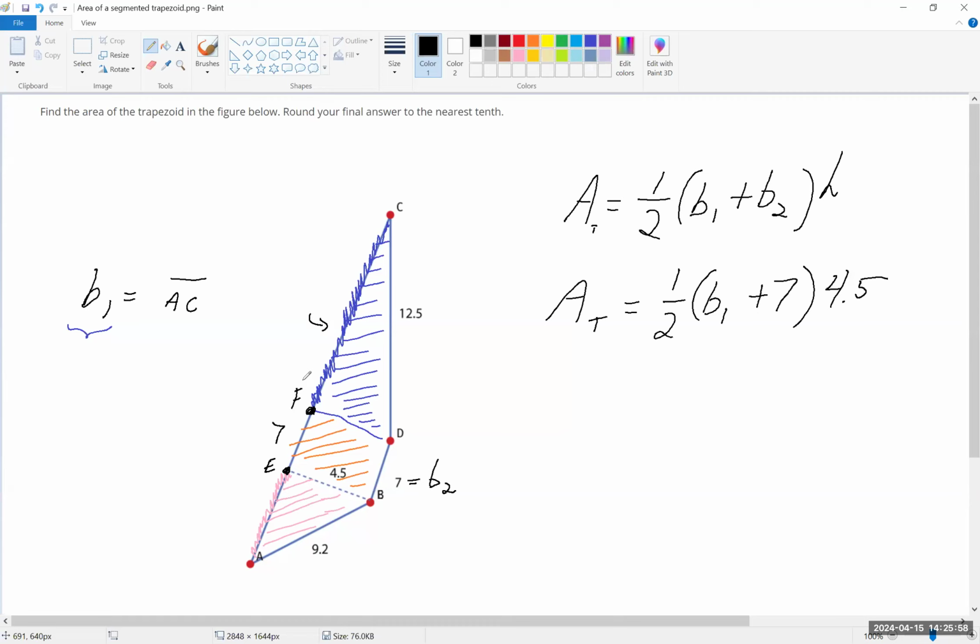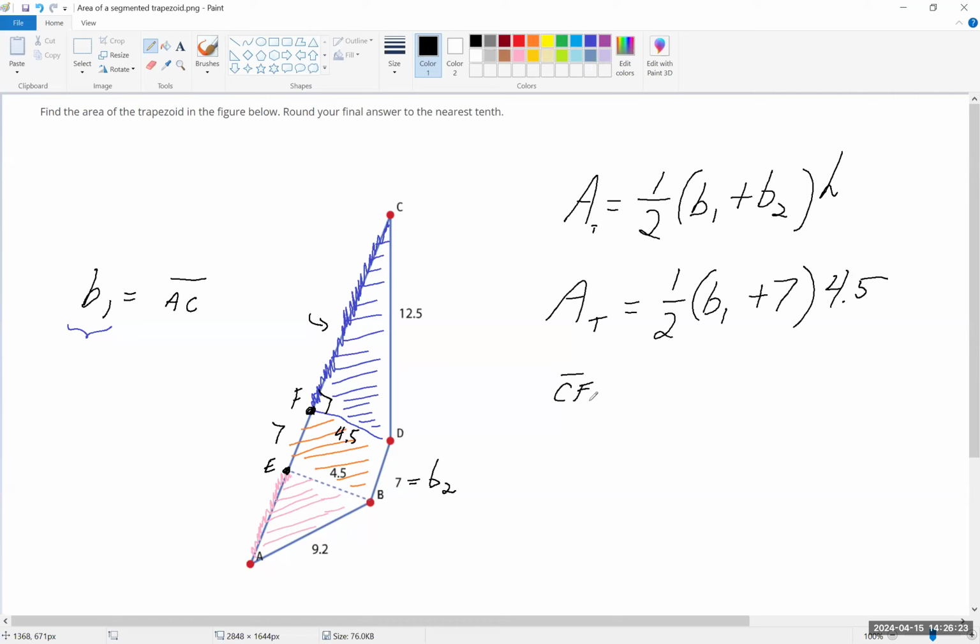So let's try to get CF, the length of segment CF. And notice that we have a right triangle here. So then it might also be obvious to you that this is 4.5 because this is 4.5.